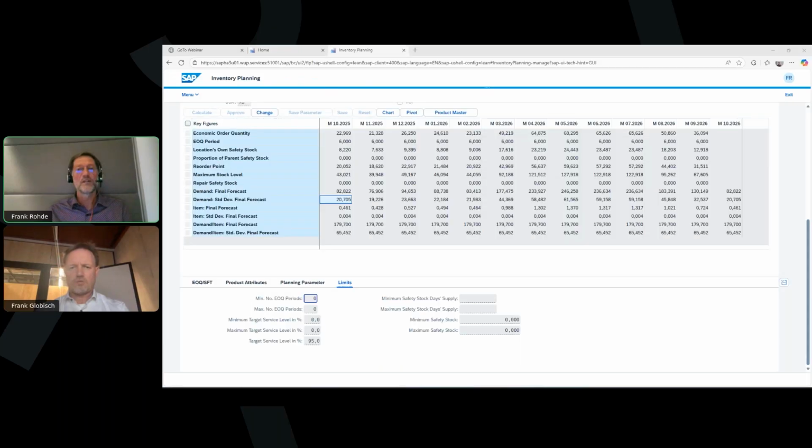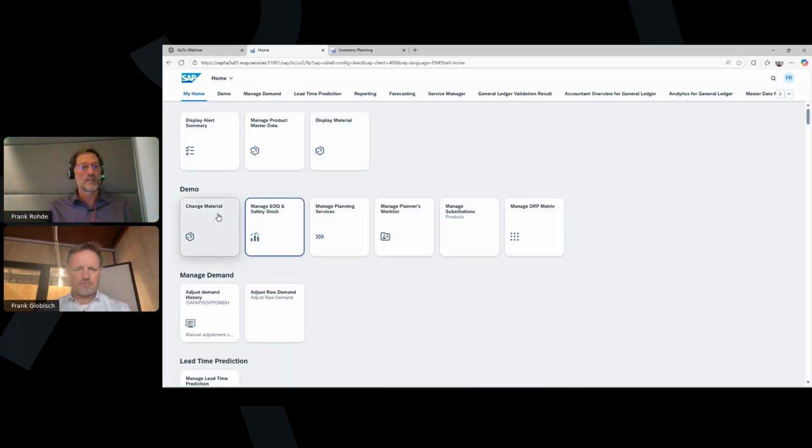Saying that, I'm going back to the system actually, and now we change the settings for the product and we say we want to run now multi-echelon for this product.